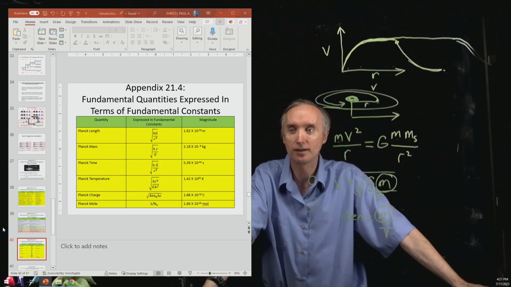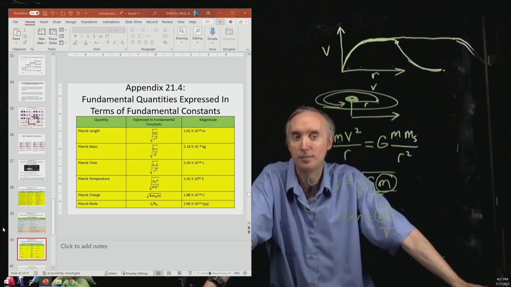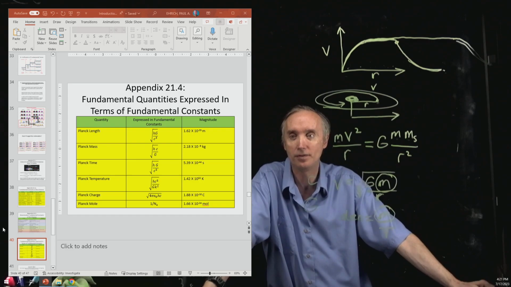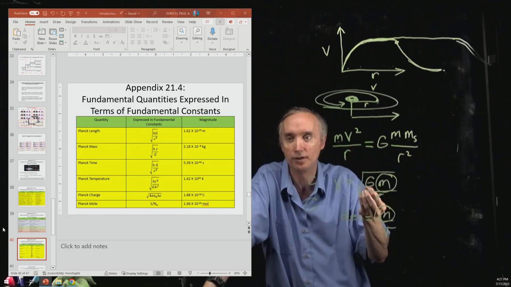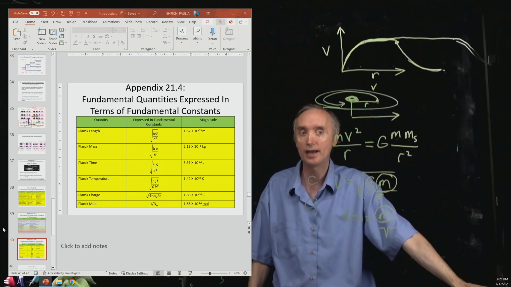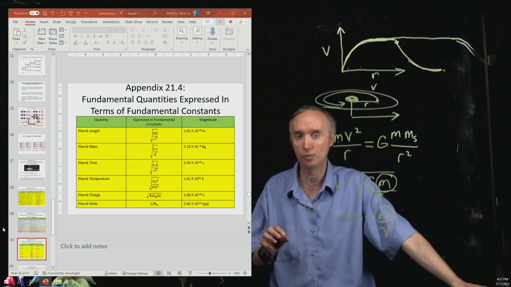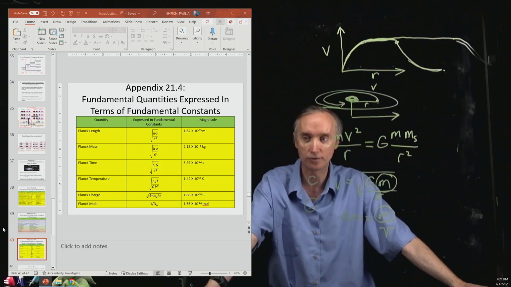Then you also can combine the constants together to get Planck mass. So this would be a fundamental metric unit of mass in terms of kilograms. You also have Planck time, 10 to the negative 44 seconds. Keep that number in mind when we talk about the Big Bang and the beginning of the universe.